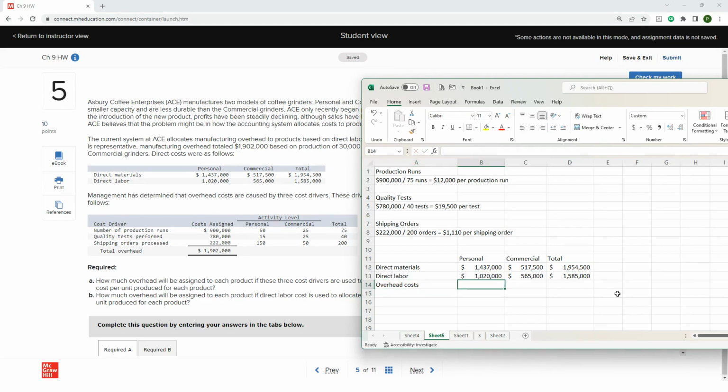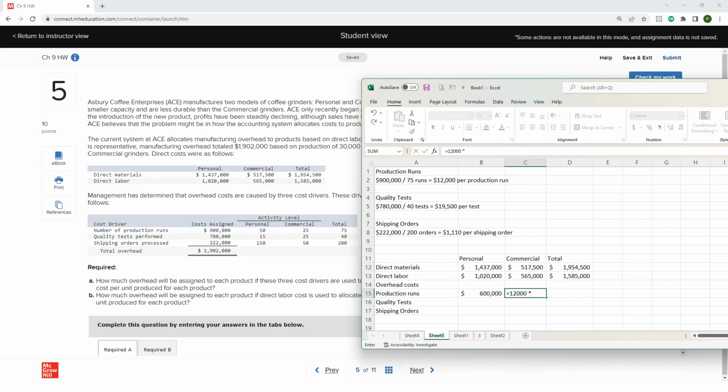For the personal grinder, remember we're doing $12,000 per run times 50 runs. That gives us $600,000. For the commercial grinder, we're doing 12,000 times 25 runs, and we get 300,000.